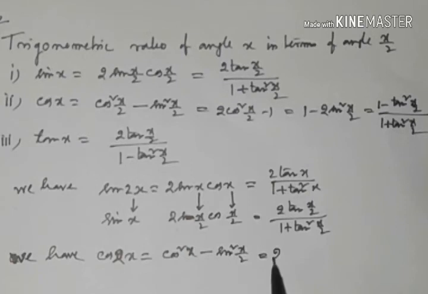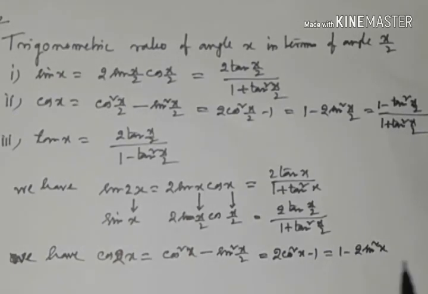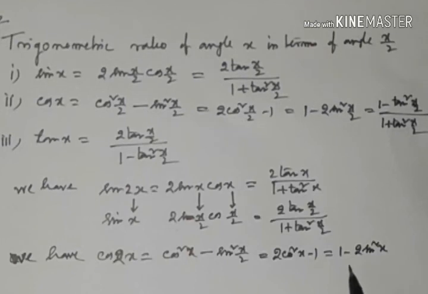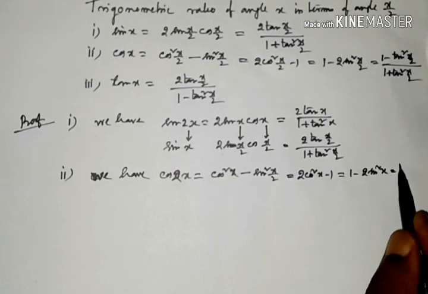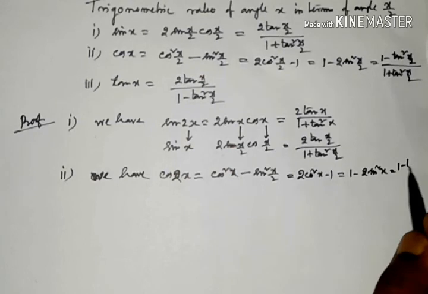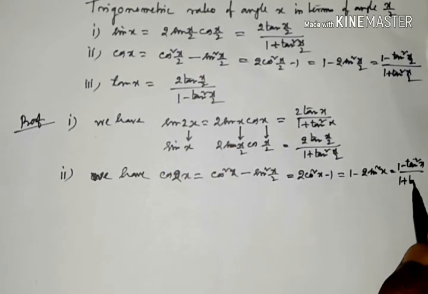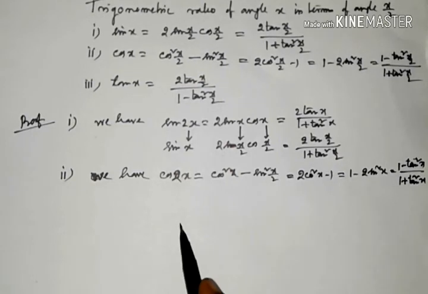We can write it also as 2 cos square x minus 1, 1 minus 2 sin square x, or we can write it as (1 minus tan square x) by (1 plus tan square x).